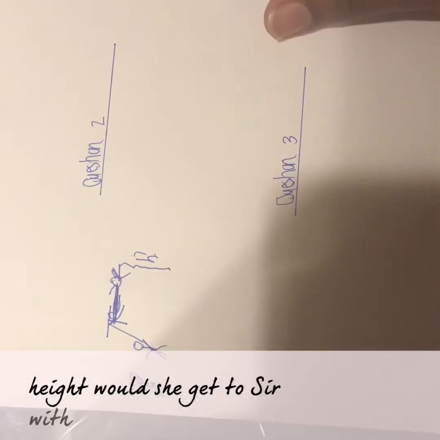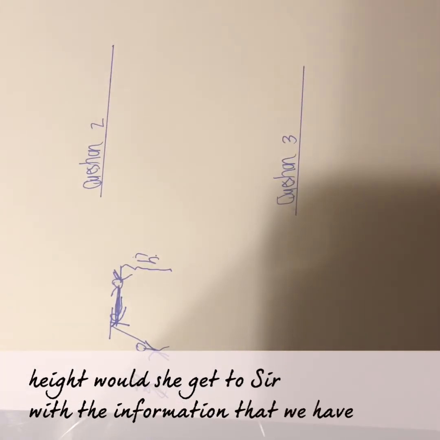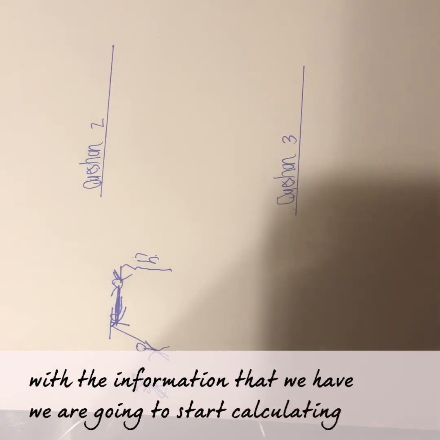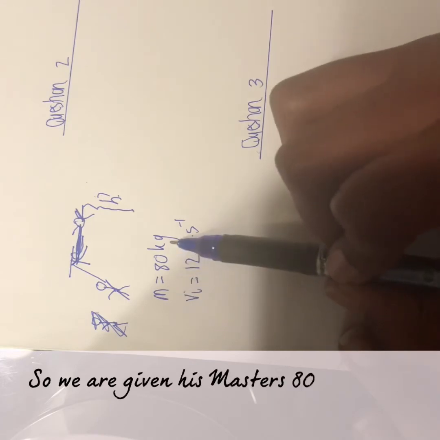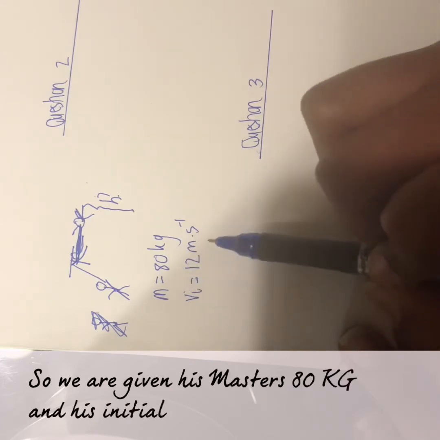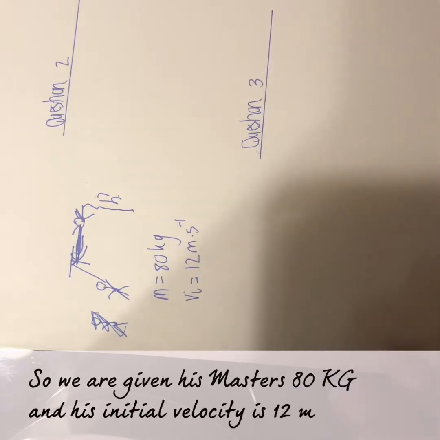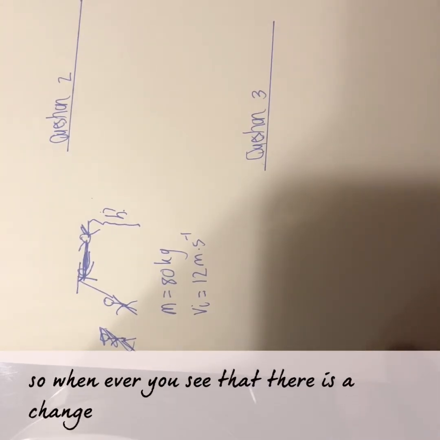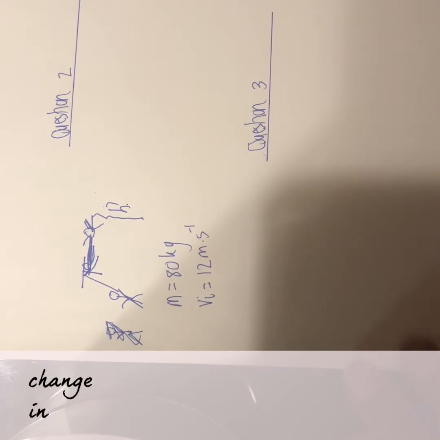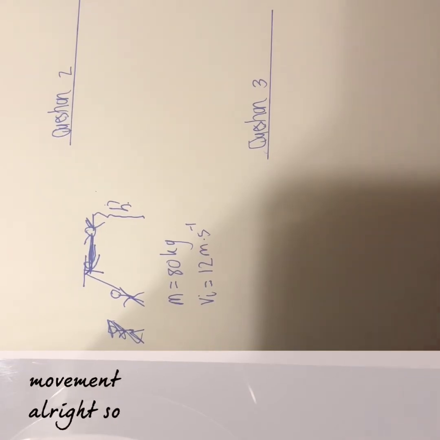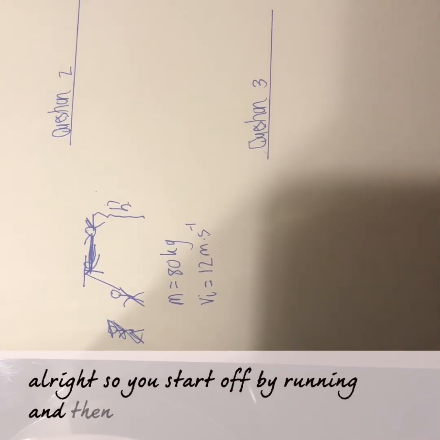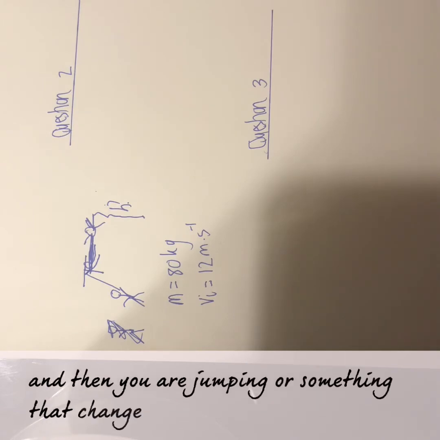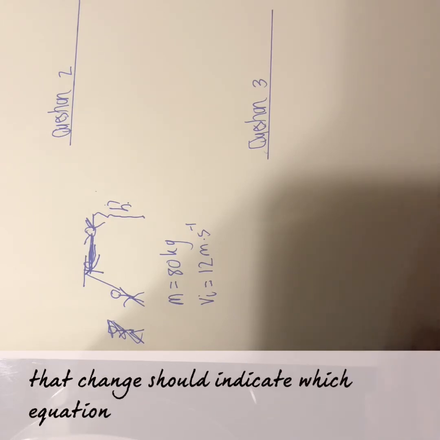So with the information that we have, we are going to start calculating. We are given his mass is 80 kg and his initial velocity is 12 meters per second. Whenever you see that there is a change in movement, so you start off by running and then you are jumping or something, that change should indicate which equation we are using.